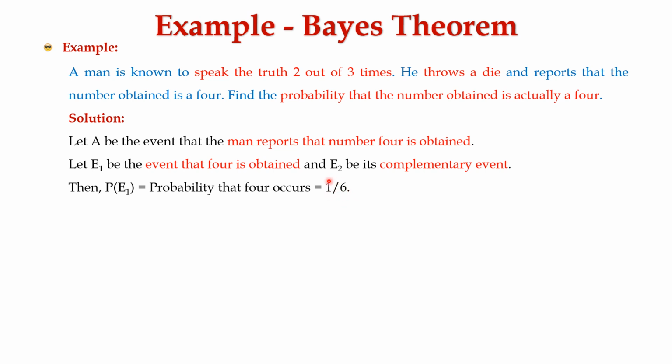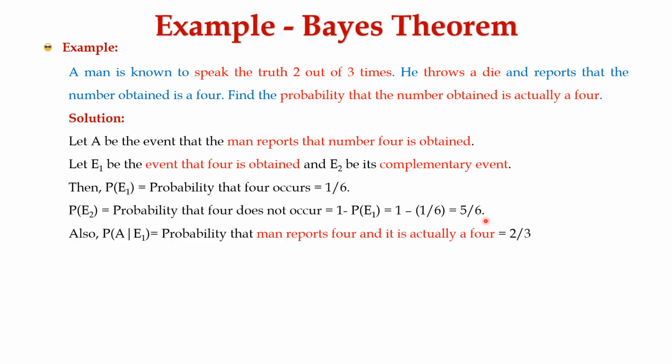The favorable event is the occurrence of 4, and the total number of outcomes on the die is 6, so it is 1 divided by 6. Probability of E2 is the probability that 4 does not occur, which is 1 minus 1 by 6, that is 5 divided by 6.